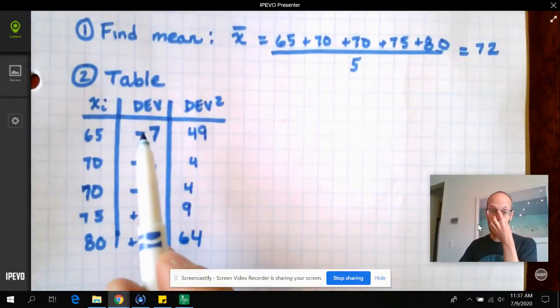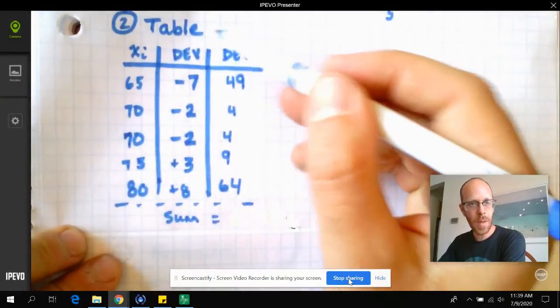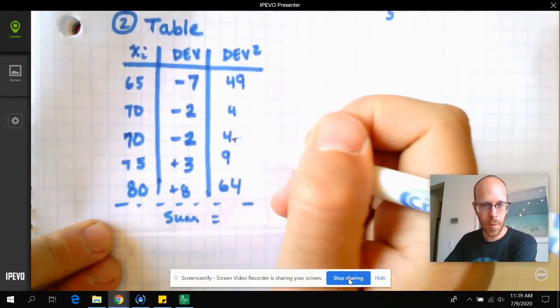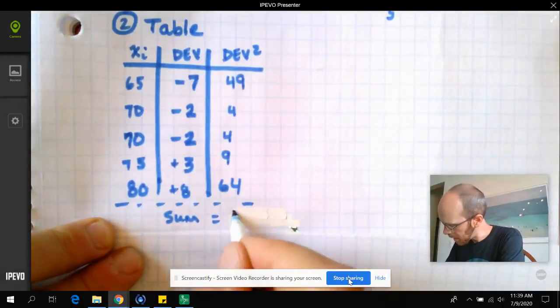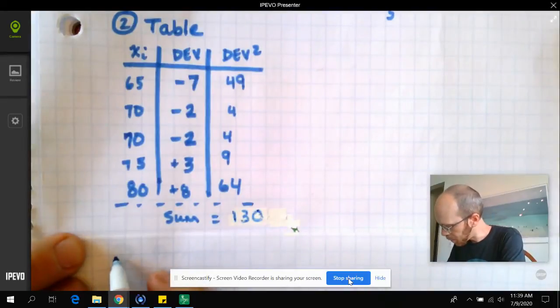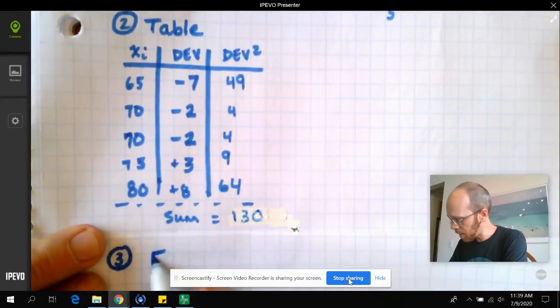Recall that when you square a negative number, you always get a positive number. Now we want to find the sum of the deviation squared. So we're going to add up 49, 4, 4, 9, and 64. That's going to give us 130, which brings us to step 3, which is to apply the formula.